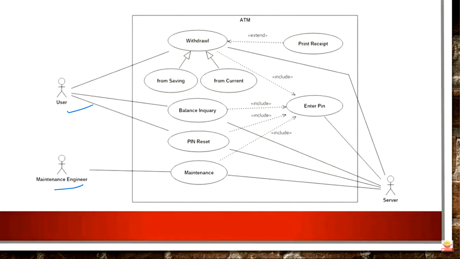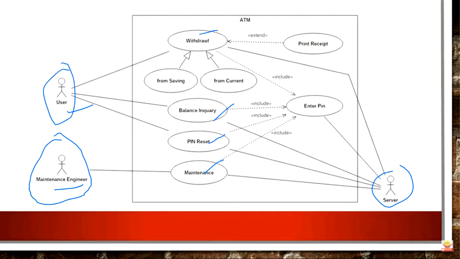We can also say that the server is initiating these four process use cases, and then the user is coming as a secondary actor, and then the maintenance engineer is coming as the secondary actor. Getting what I'm saying? That instead of from left to right, you can say that server is my primary actor. He's initiating everything. And these user and maintenance engineers are providing backend support.